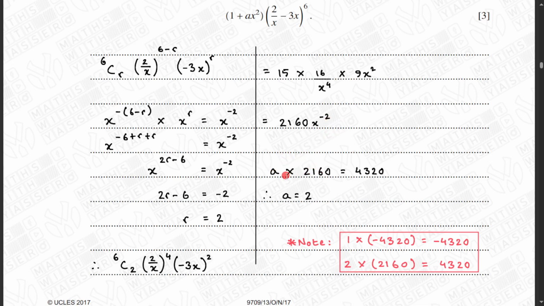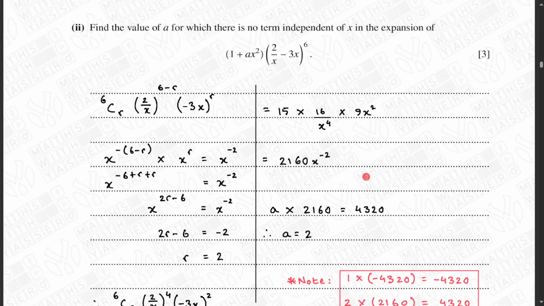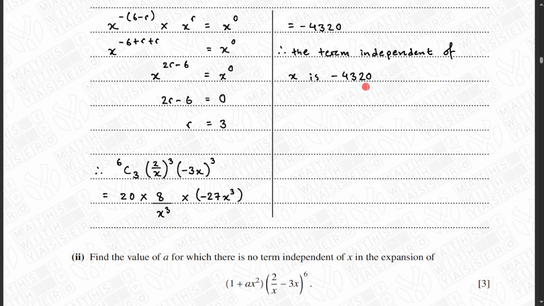So what we can do now is simply multiply the coefficient of x square, which is a, and the coefficient of x to the power minus 2, which is 2160, and we should be getting 4320, because this value we found with the help of the first part of the question, where we got negative 4320.